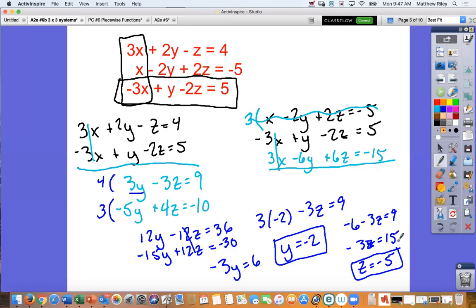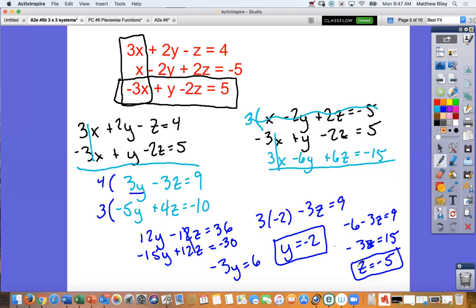This is really just good practice about making sure you're paying attention to your work here. So I almost made a really, really costly mistake by going too fast. As soon as I added 6 to both sides, I wrote -3, and then I wrote x at first, but I'm not solving for x. It was a z. That was a careless error that I almost made.